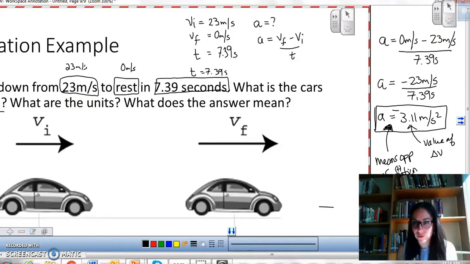So basically, if I draw the vectors, the car is moving forward starting at 23, but is experiencing the acceleration this way. That's what that negative sign means. And then when you have a case like this, when your motion is forward but your acceleration is opposite, you're slowing down.